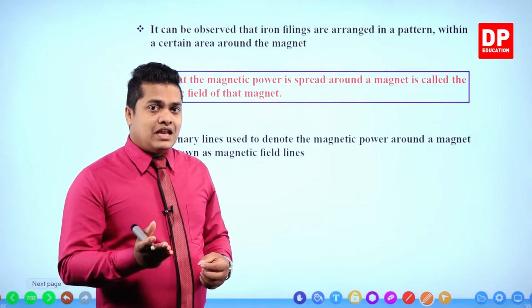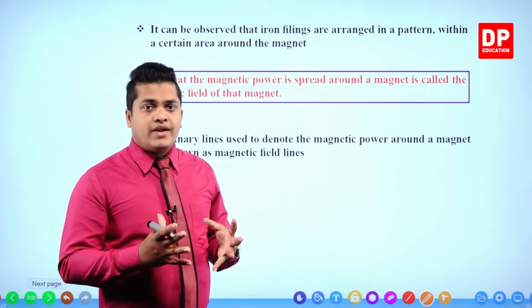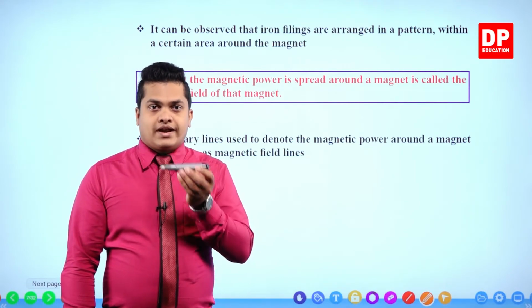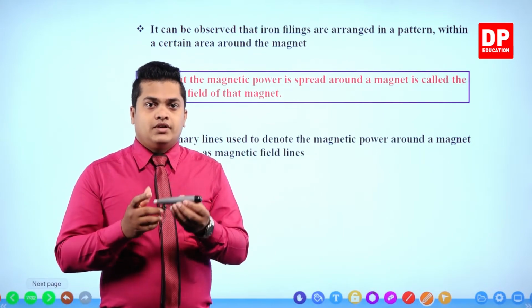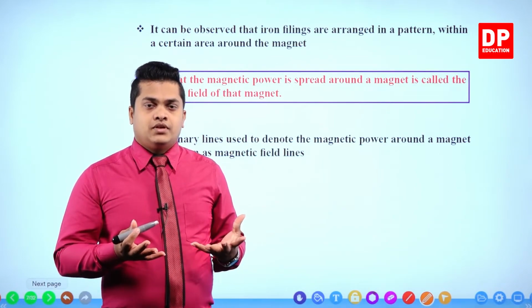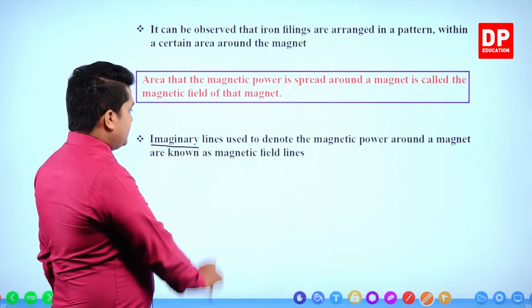Actually, these lines cannot be observed around a magnet. When you take a magnet, you can't observe those lines around it. That's why those things are referred to as imaginary lines.